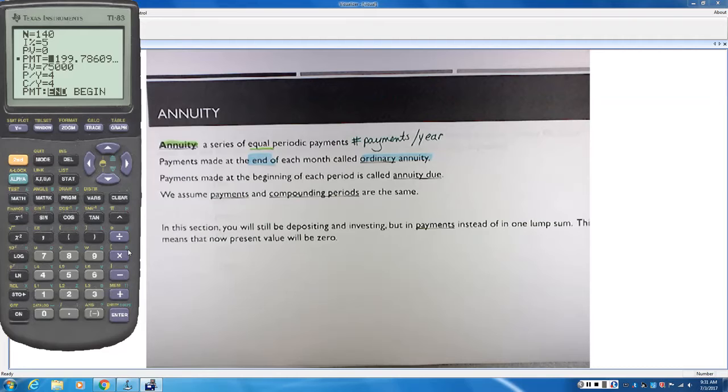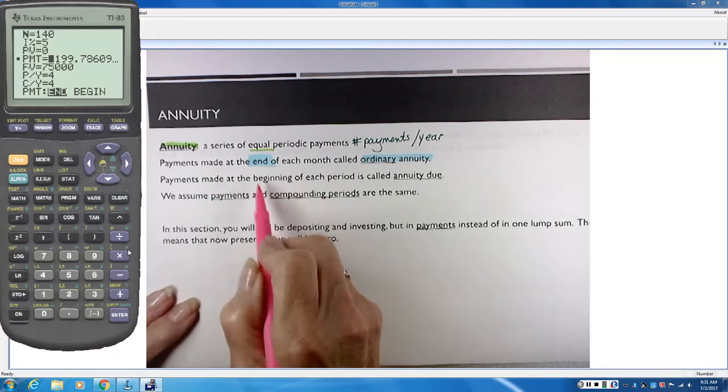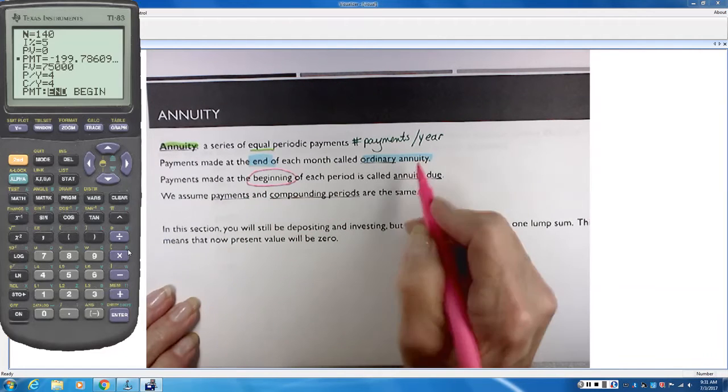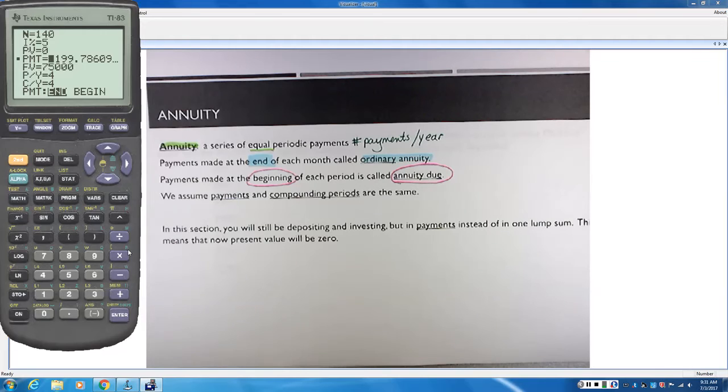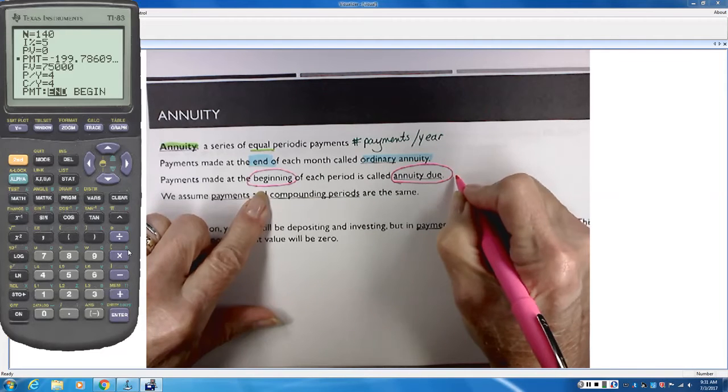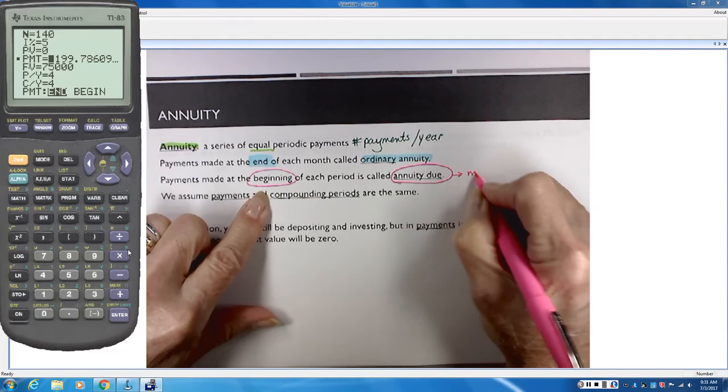But they work the same way. Now, if you were to make your payments at the beginning of each period, it's called an annuity due. And the truth of the matter is, you will actually get more money, more interest.